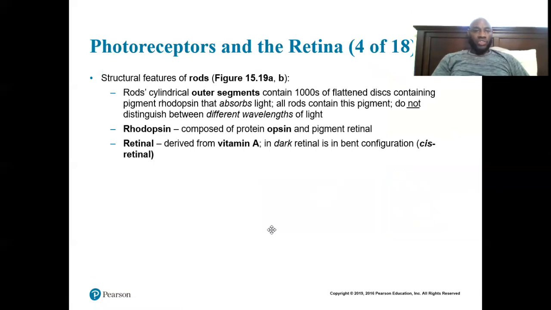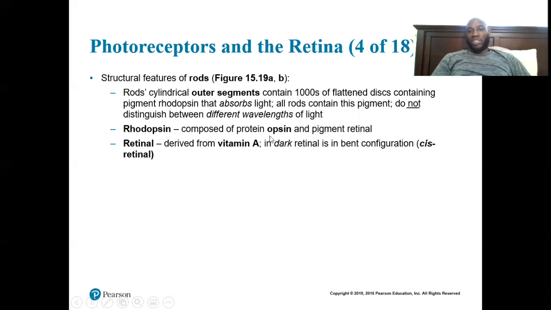All right, here's the structural feature of the rod. Rod's cylindrical outer segments contain thousands of flattened discs containing pigment rhodopsin that absorbs light. All rods contain this pigment, and do not distinguish between different wavelengths of light.